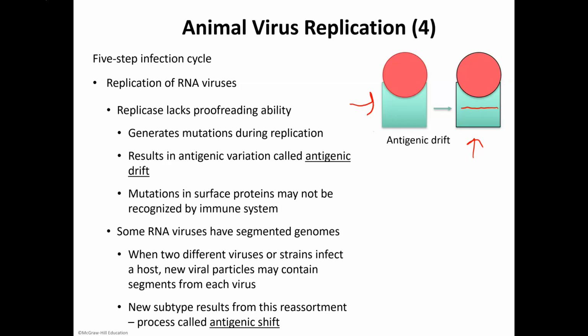And so antigenic drift can cause problems with our immune system. Depending on how often the antigenic drift occurs, it can actually lead to a lot of problems. But in RNA viruses, typically the antigenic drift isn't going to cause severe epidemics or pandemics.